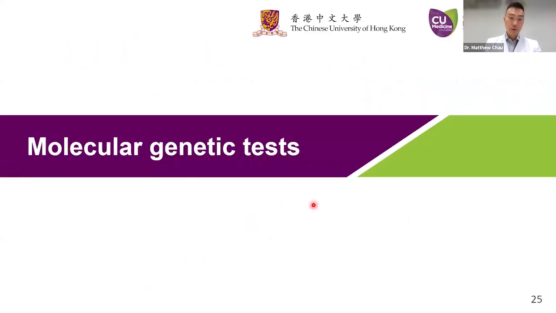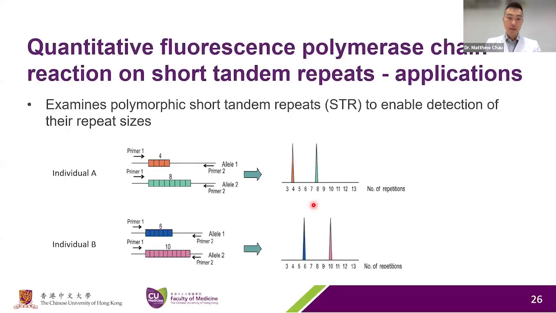So next we'll move to molecular genetic tests. First, I'll talk about quantitative fluorescence PCR on short tandem repeats and its applications. So this method is a PCR-based method in which we're trying to amplify polymorphic short tandem repeats.